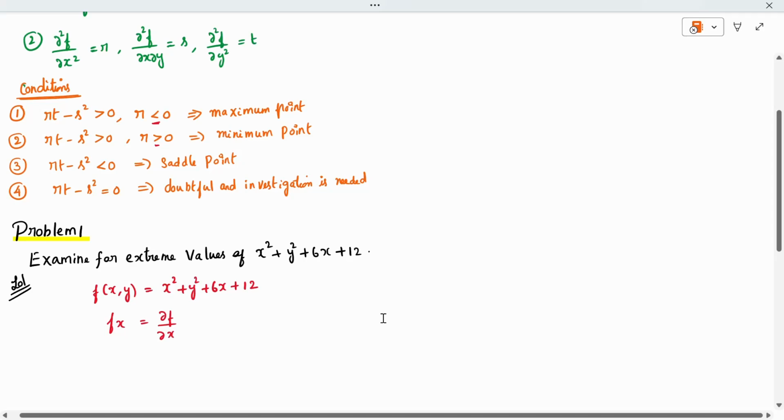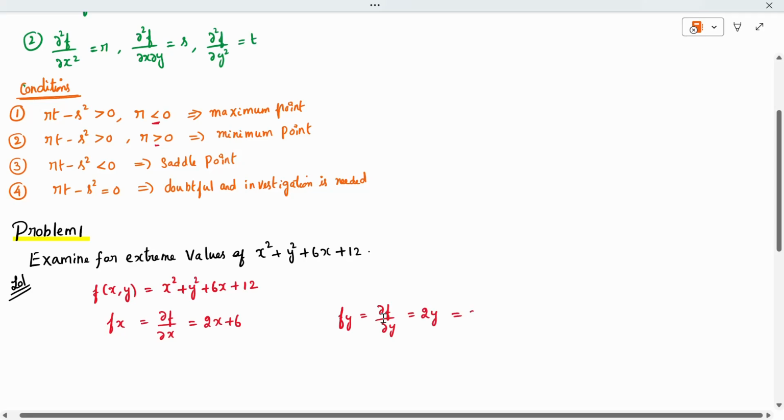Differentiating with respect to x, 2x plus 6. In the same way fy, dou f by dou y, when I differentiate y, only 2y.